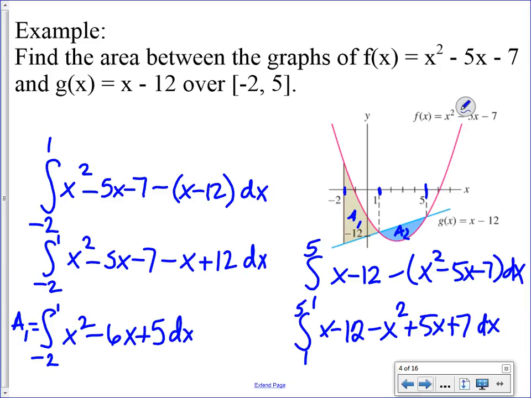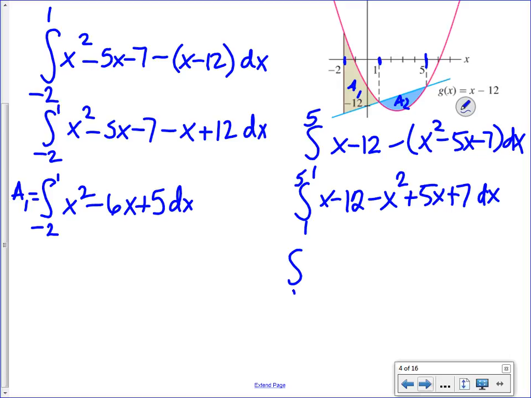So we're going to end up with negative x squared plus 5x plus 7. And then we can combine our like terms. So we're going to have negative x squared plus 6x minus 5. And this would be the area for the second region, which I'm just calling a sub 2.